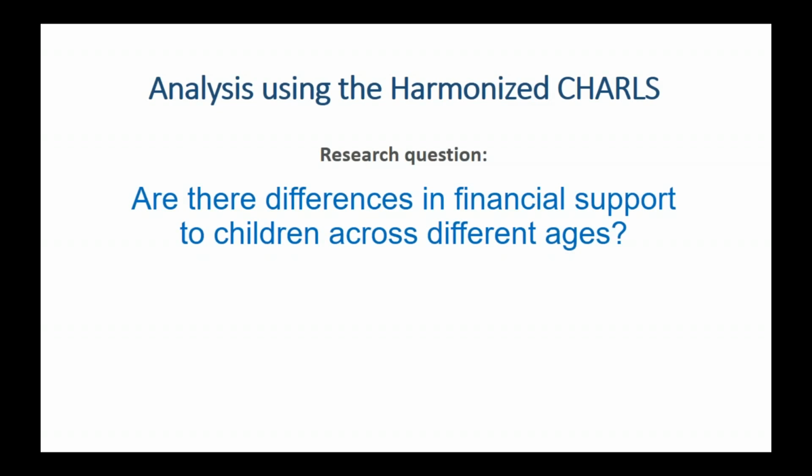And so we wonder what that looks like, and maybe we can see some differences for people at different ages. And again, to begin with, we're just going to look at this question in the Chinese context using the CHARLS data, and then we'll expand this question in part 2 to compare what we find in the Chinese population to the British population in England.